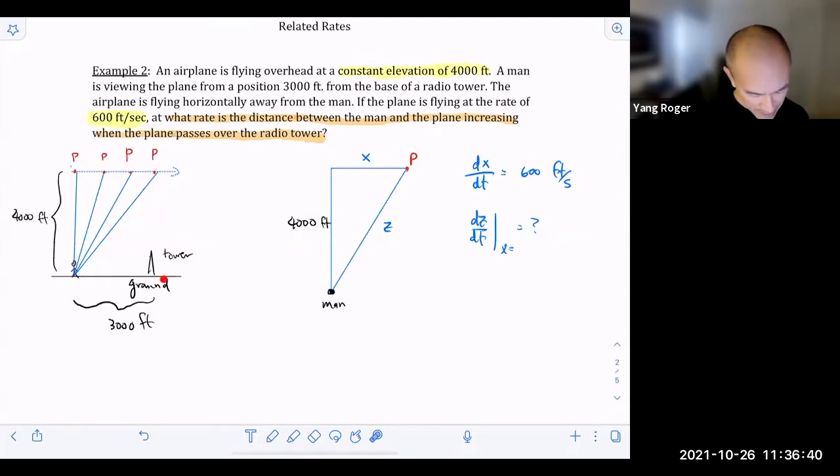So I put the 3,000 down here, but the 3,000 could also be here. Does that make sense? So the man is here. I put a vertical up like this. If it's 3,000 down below, then it's 3,000 up above here. So we can put a 3,000 over here. Okay. 3,000 is correct.